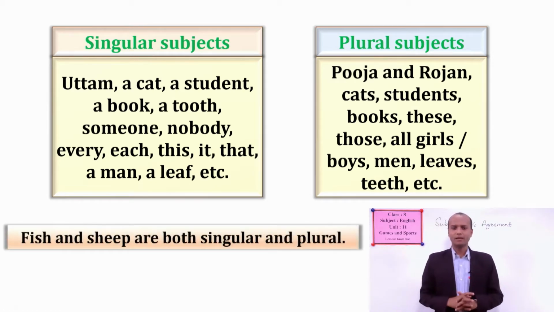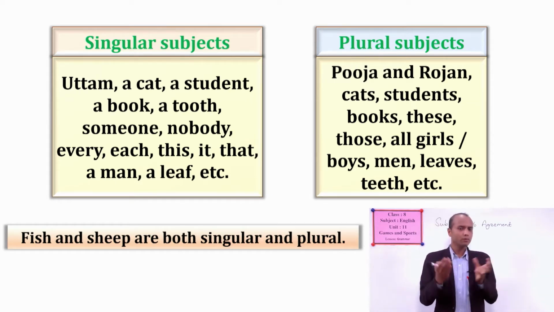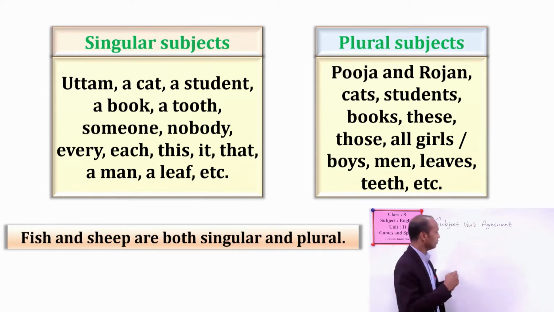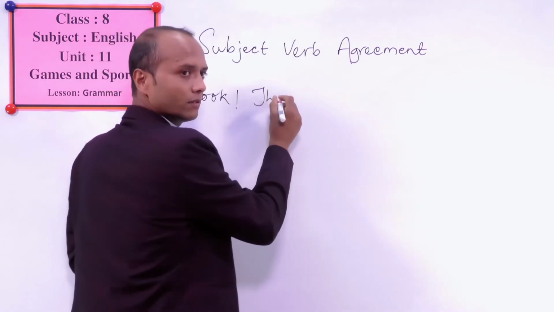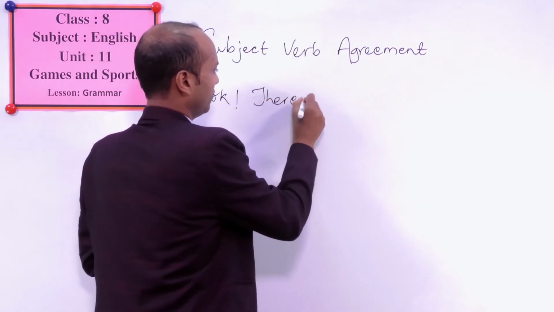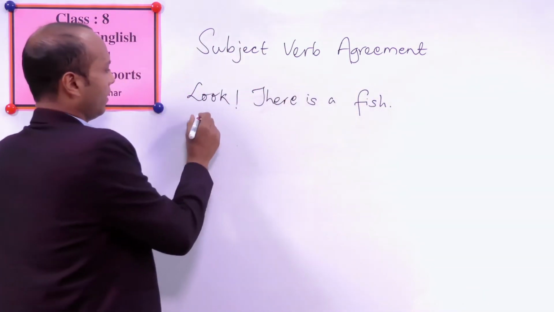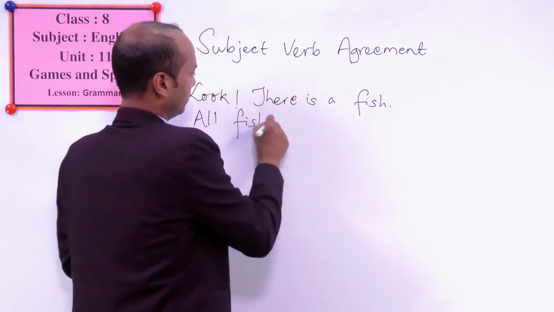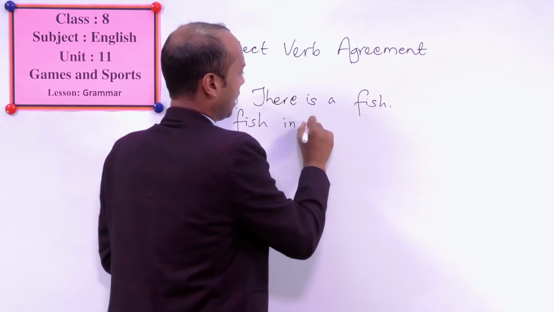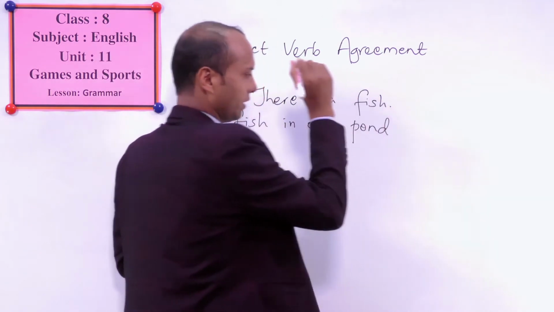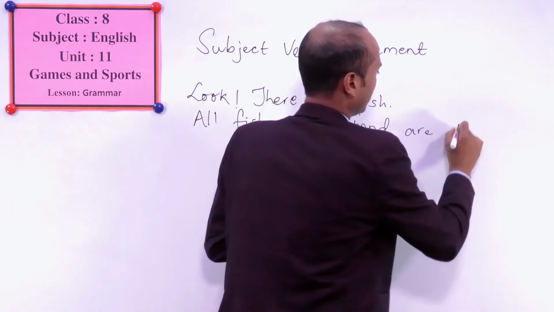Now, fish and sheep can be both singular and plural. How do you know whether a fish is singular or plural? We have to go by context. Let me write two sentences here. Look, there is a fish. All fish in our pond are dead.